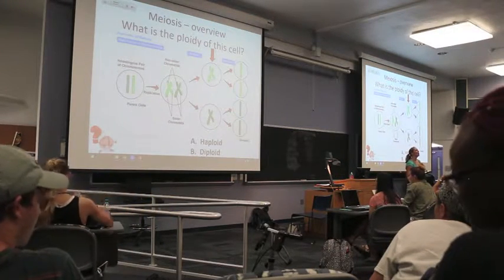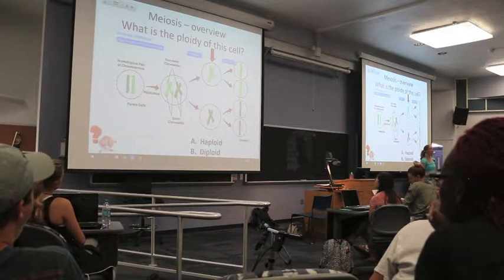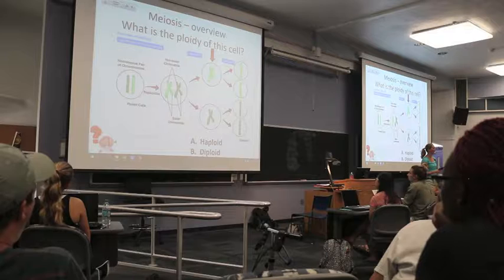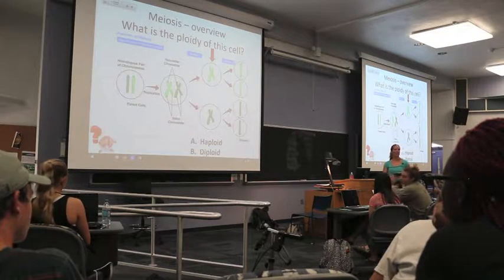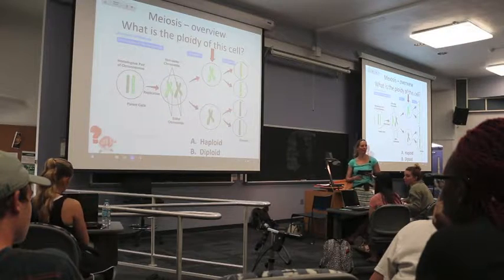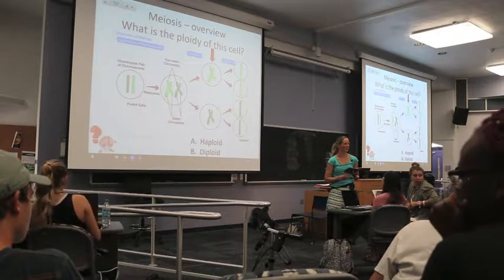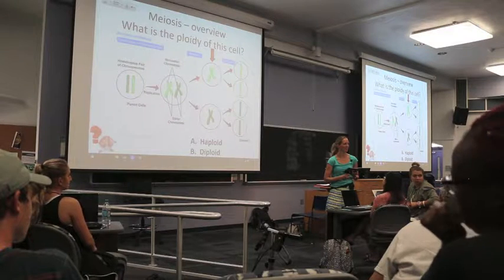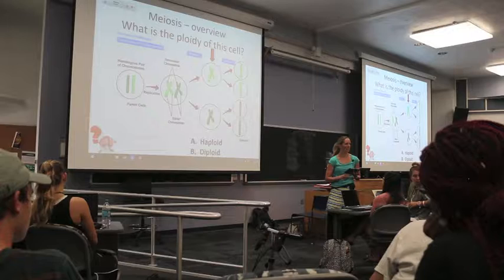So, what were some things you considered in trying to decide whether it was haploid or diploid? Yes, Bella. It gets replicated and has a homologous pair within the replicated chromosomes, and then it is divided again to make the haploid cells.